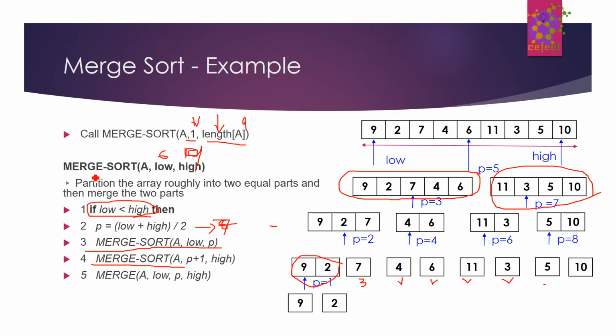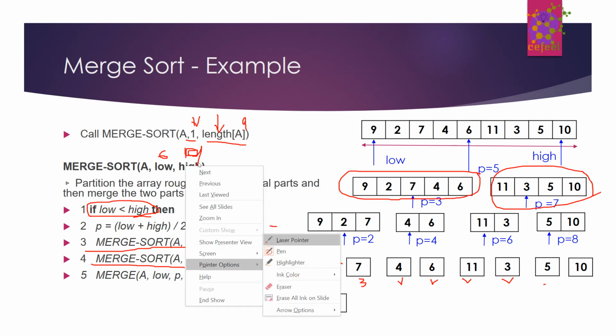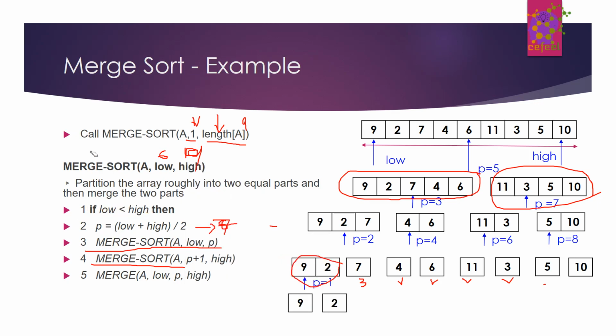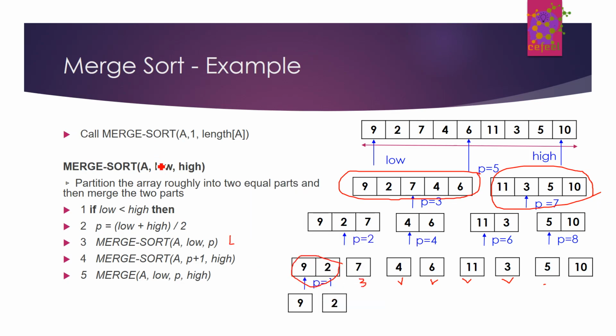And then once they return, let's say 4 and 6 return, let's see how it will look. At this step, at step 3 we will return, and we'll have a single element array here, in this case 4, and in this case 6.